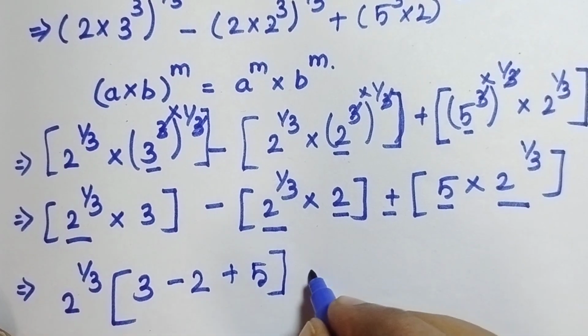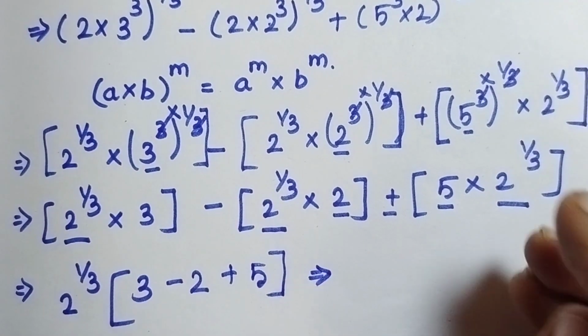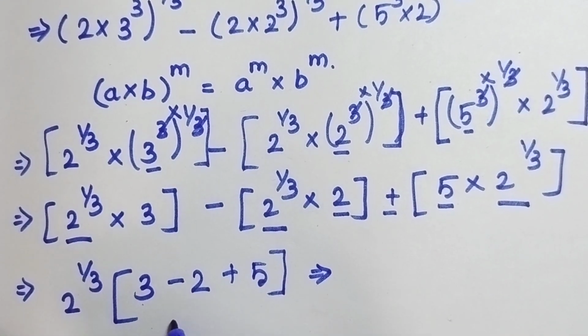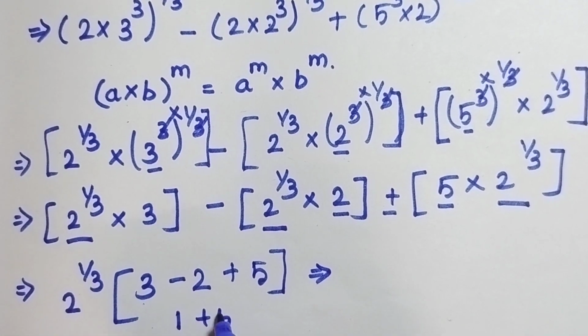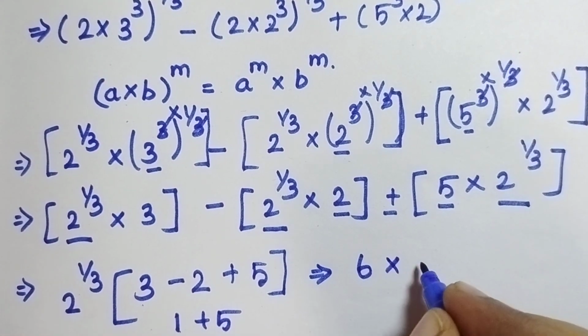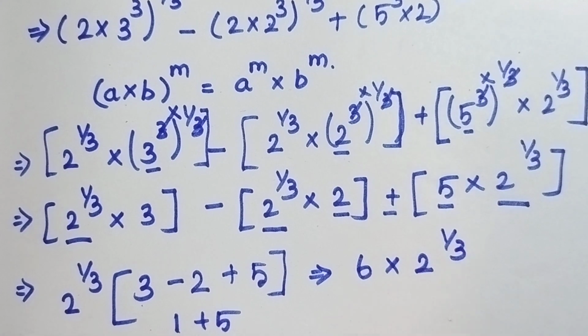Just simplify this. What I will get is 3 minus 2 is 1, plus 5 is 6. So 6 into 2 power 1 by 3.